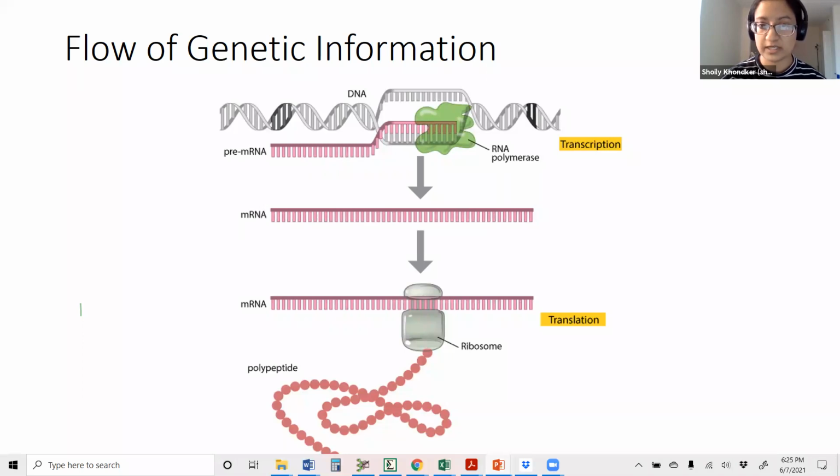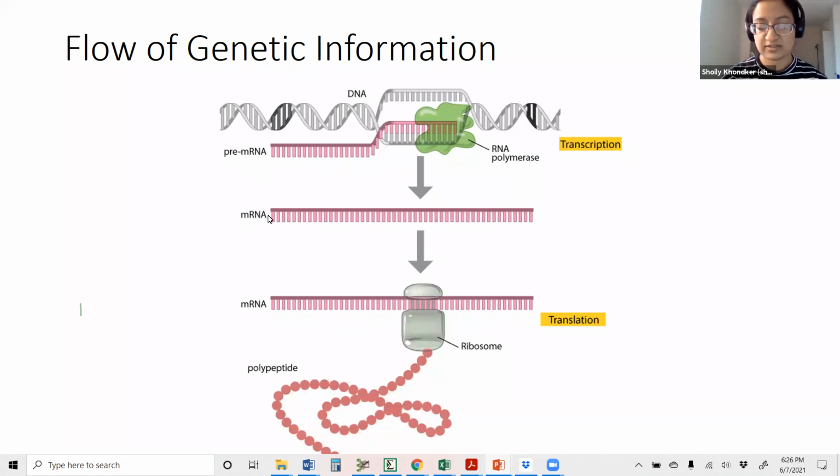the molecular machinery involved. So transcription takes place through the use of an enzyme called RNA polymerase, which binds to a coding strand of DNA and then reads it to yield pre-mRNA.